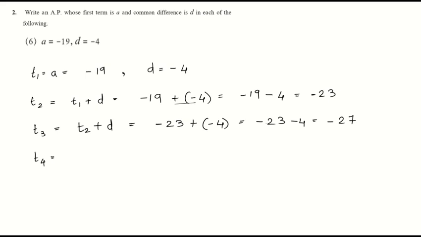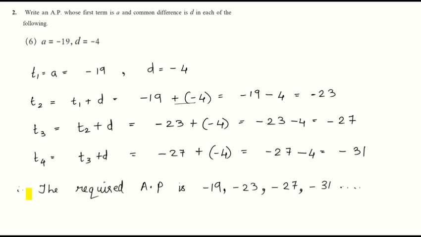In the same way, T4 is T3 plus D, which is minus 27 plus the common difference minus 4. So minus 27 minus 4 is equal to minus 31. Therefore, the required AP is minus 19, minus 23, minus 27, minus 31 and so on.